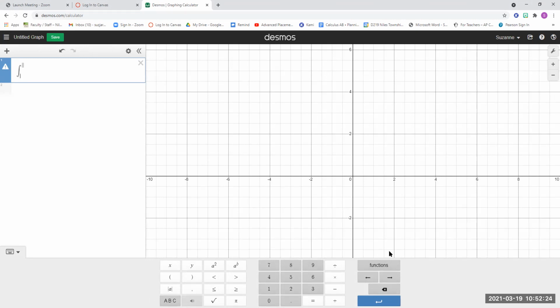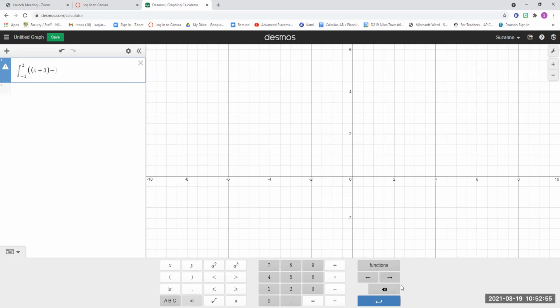Our entire graph shaded region goes from -1 to 3. So I'm going to do this all in one shot, like I was doing this in the calculator, -1 to 3. Then I have to type in the function. So top was always the x plus 3 graph, right? And then minus, I need absolute value.